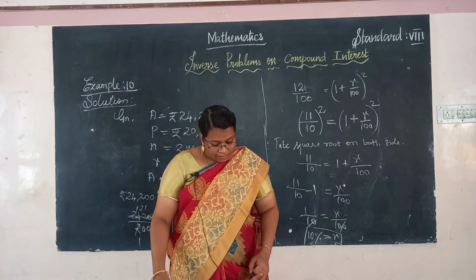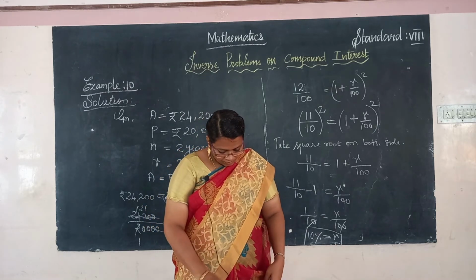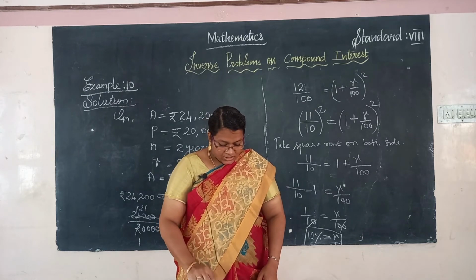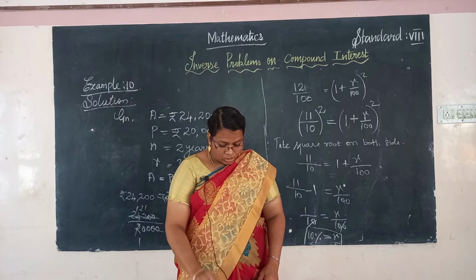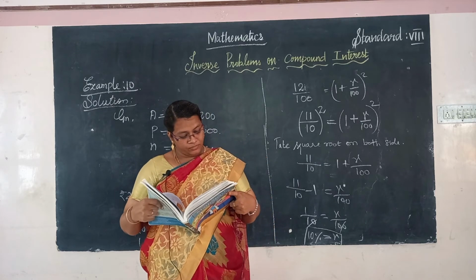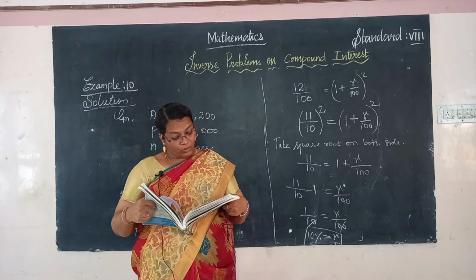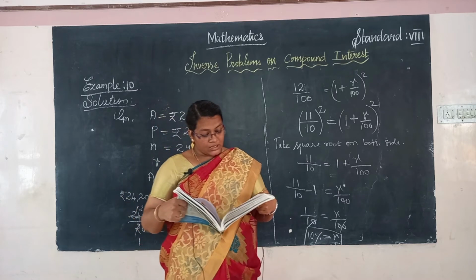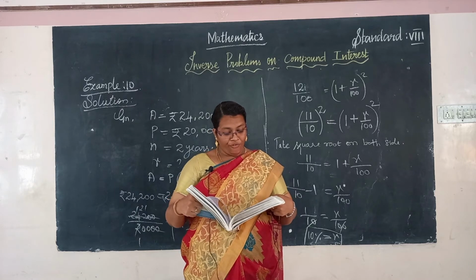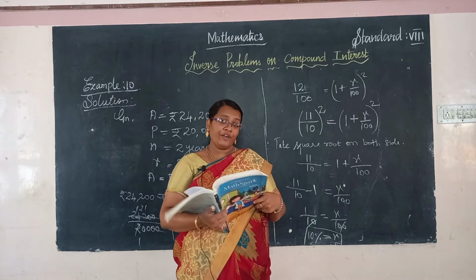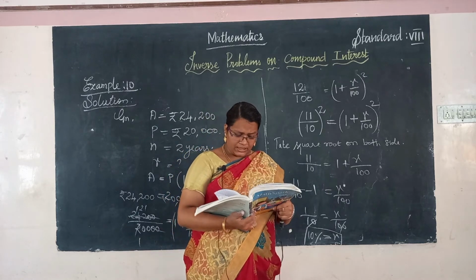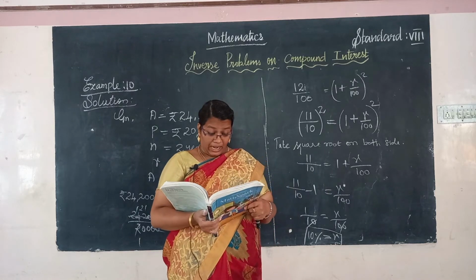Next one, example 11. In what time will rupees 64,000 amount to rupees 68,921 at 5% per annum, interest being payable half yearly? You know that half yearly formula. So what data are given? In what time?